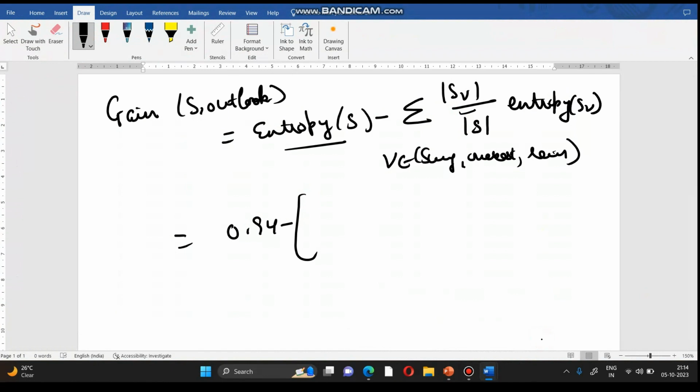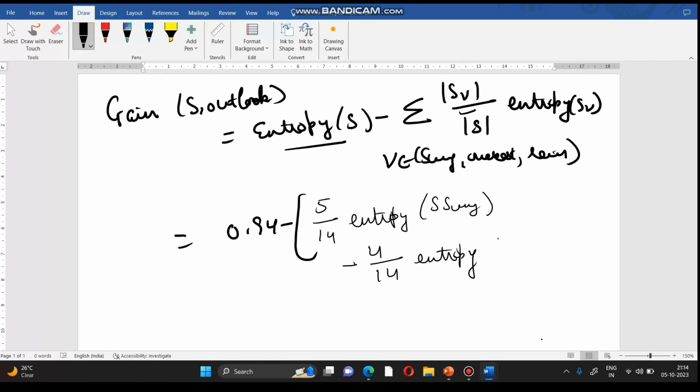So it will be, for sunny there were 5 by 14 entropy of S sunny minus, for overcast we have seen that was 4, so 4 by 14 entropy of S overcast, minus 5 by 14 entropy of S for rain.